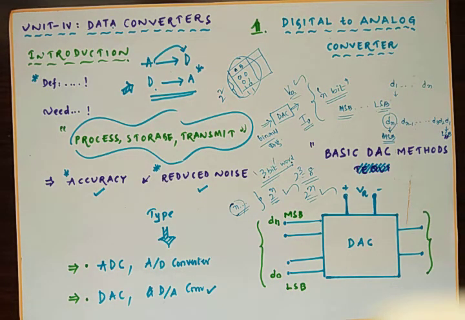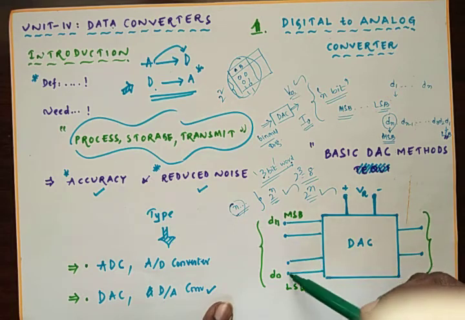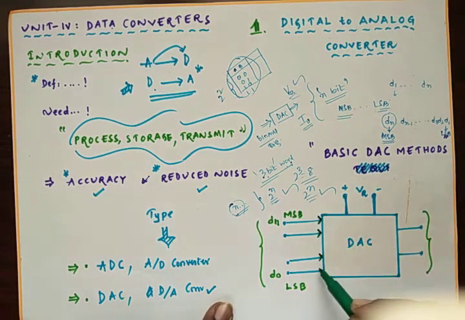Now the analog output is proportional to the input binary number. This is the block diagram of the digital to analog converter. This is the binary data which we give as input to the digital to analog converter.